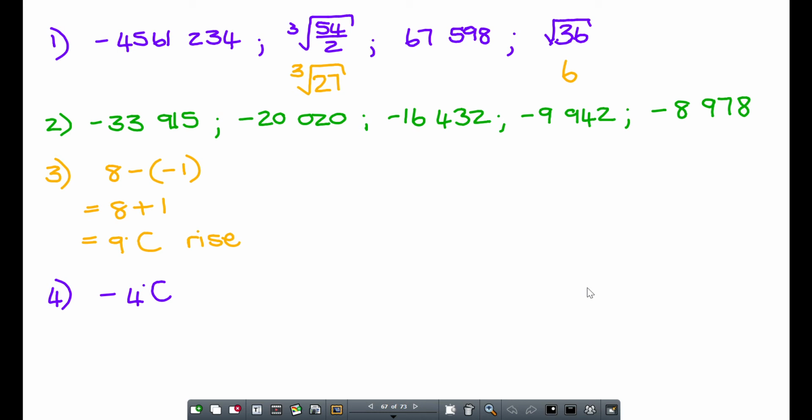Number 3. The temperature one night in Ulundi was measured as minus 1 degrees Celsius. The temperature increased to 8 degrees Celsius the next day. By how many degrees did the temperature rise? So I take the highest minus the lowest.